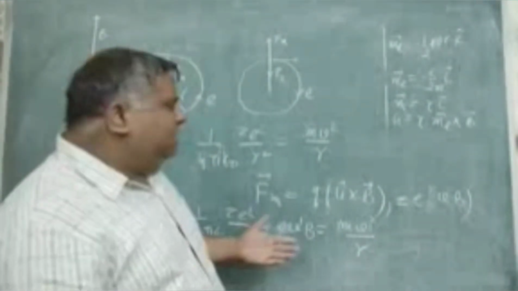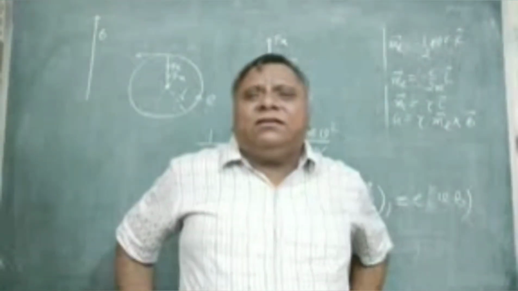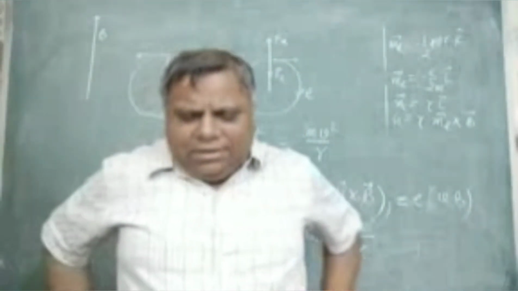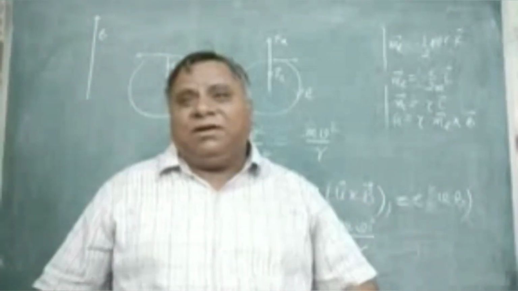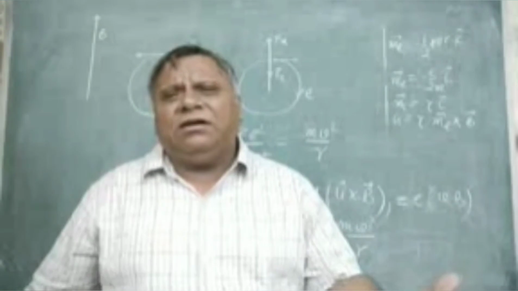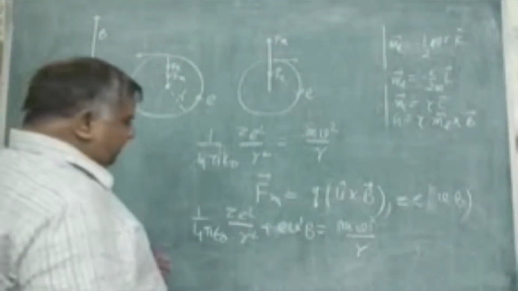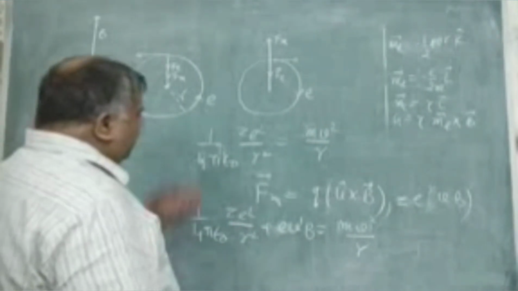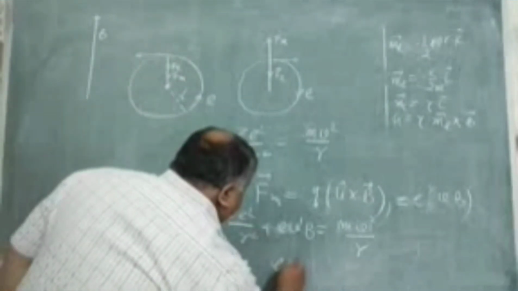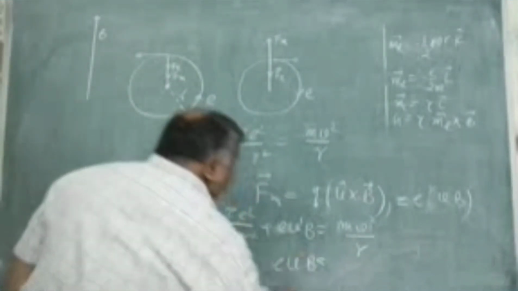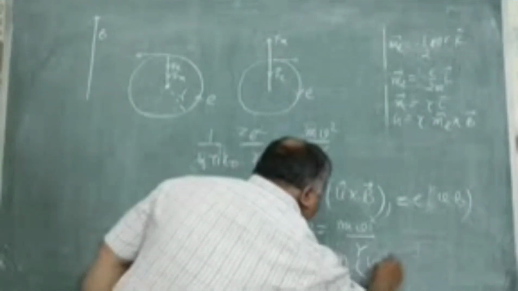What is going to change is the velocity of the electron, which is reflected in terms of Larmor frequency or correspondingly velocity. We have this situation. If we subtract these two equations, we will get evB equal to m over r, V dash square minus V square.